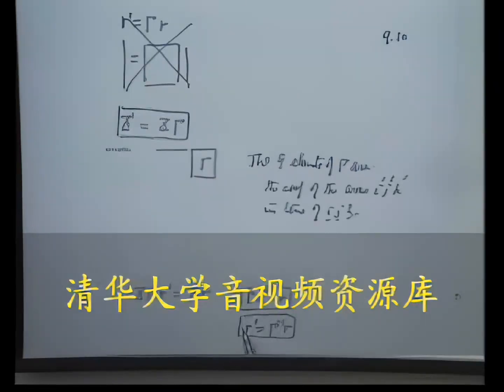I'll come to that in 1 minute. If I multiply both sides by gamma inverse, I get r prime equal to gamma inverse r.